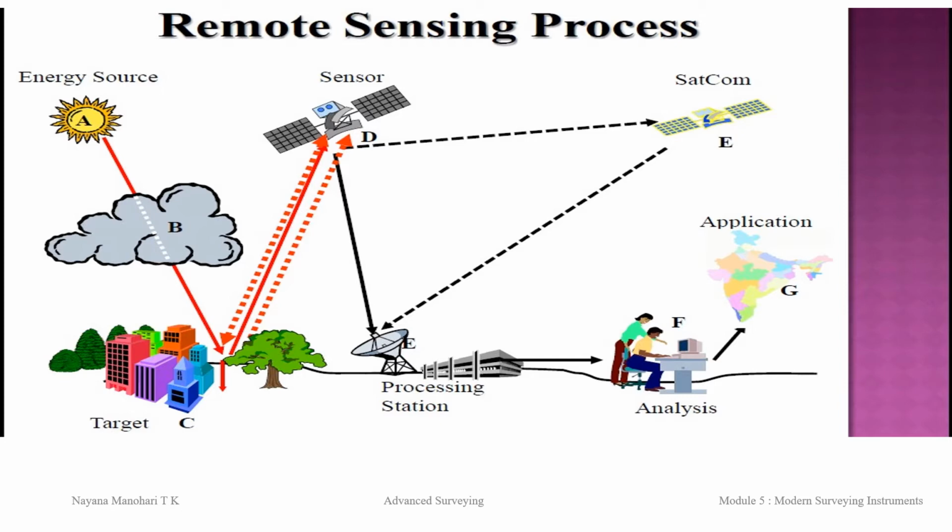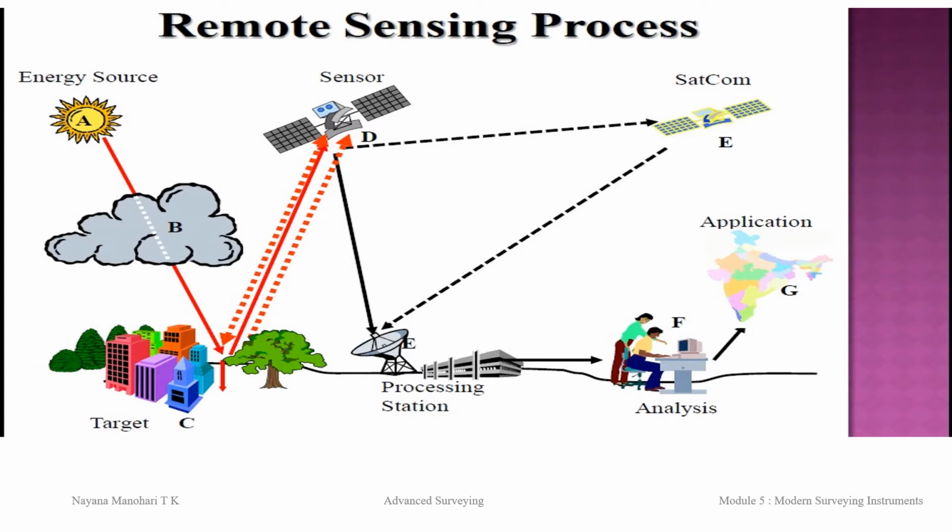The passive remote sensing system relies on the sun as the strongest source of electromagnetic energy and measures energy that is either reflected or emitted from the Earth's surface features. However, active remote sensing systems use their own source of electromagnetic energy. That is the first one, the energy source, that is the sunlight.